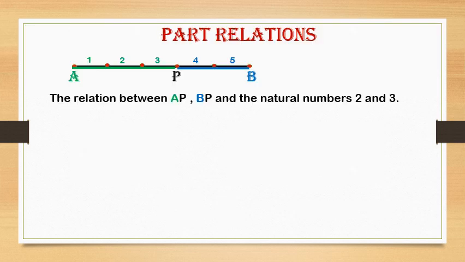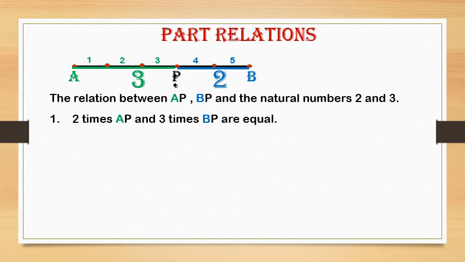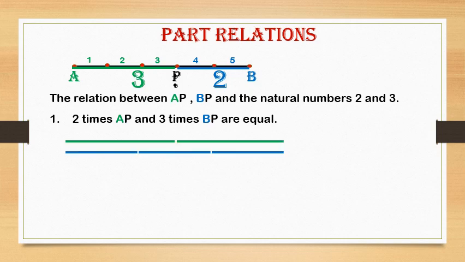In our first class, we saw a relationship between two lines AP and BP. We know the ratio between AP and BP is 3:2. And we saw the relation as 2 times AP and 3 times BP are equal. That is, 2 times the green line and 3 times the blue line are equal, which means 2 times the long line equal to 3 times the smaller line.